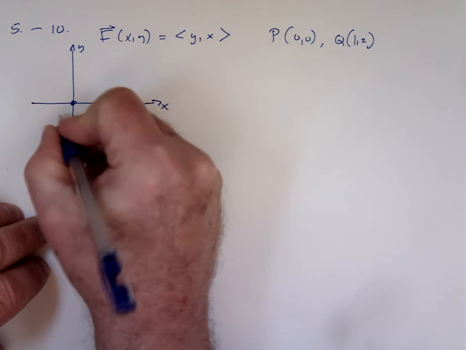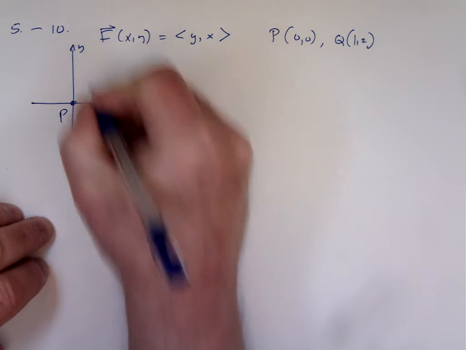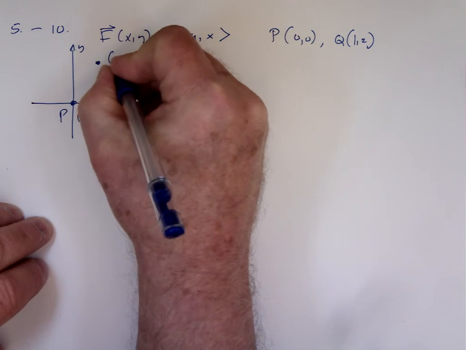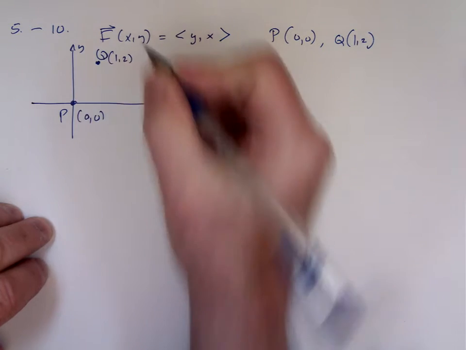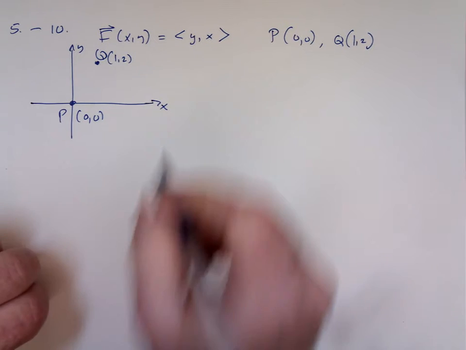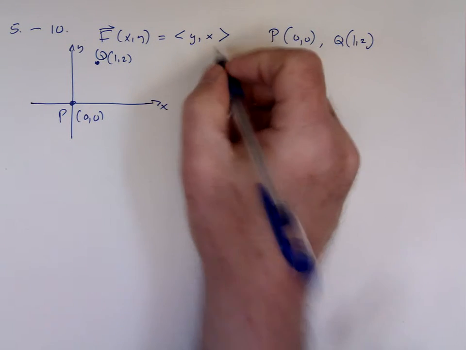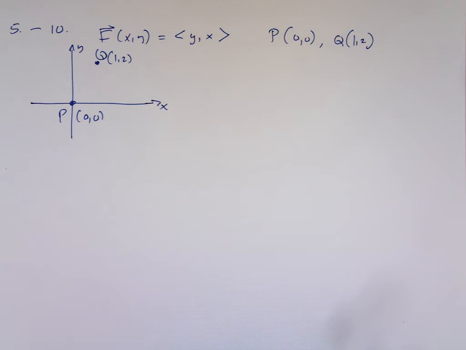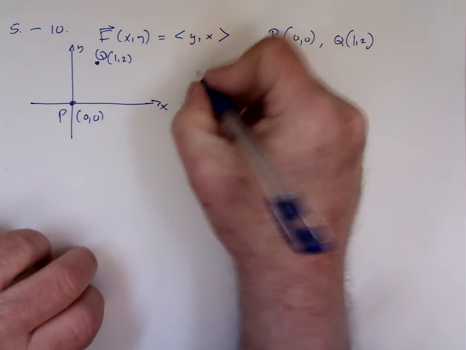We're given P, Q, and we're given the field. So all right, we should find a potential function. It's already stated that it's conservative.